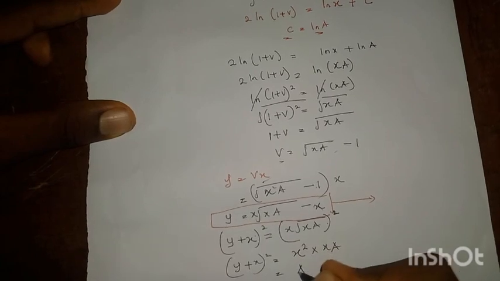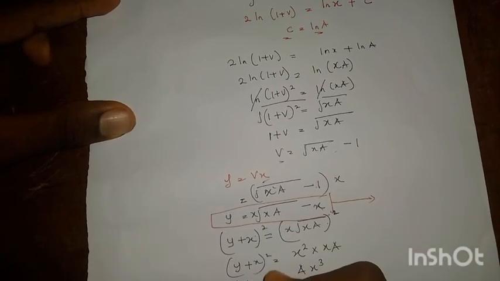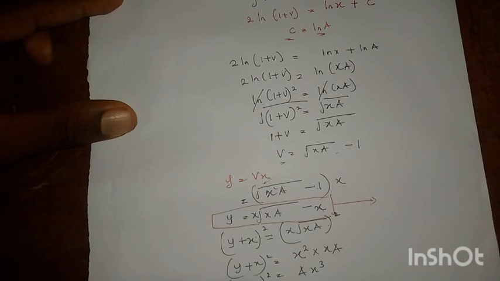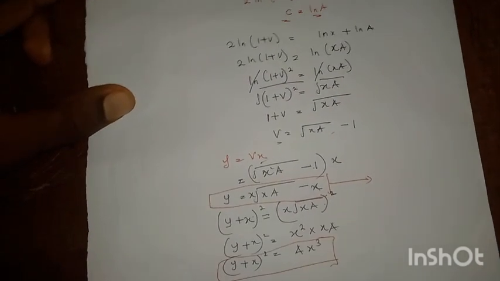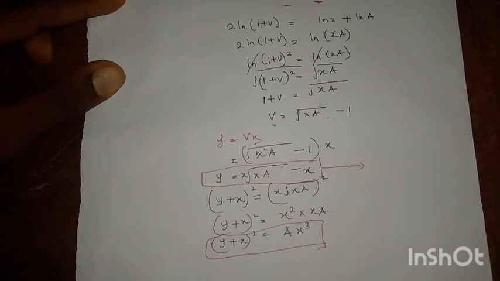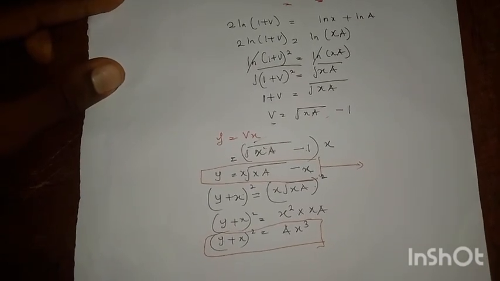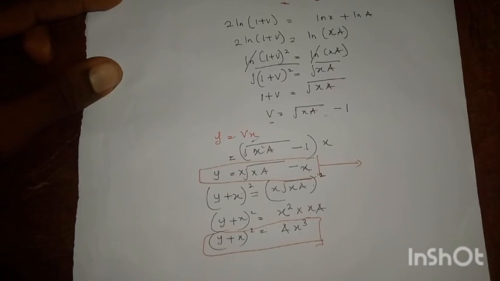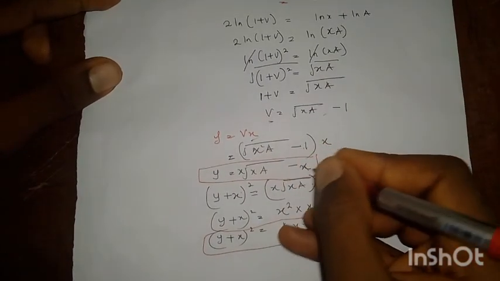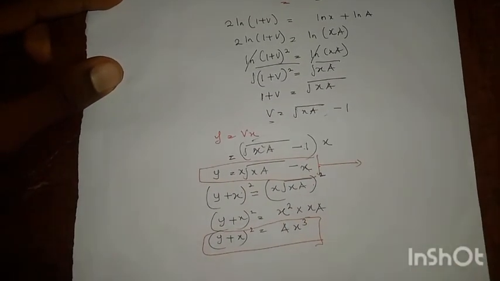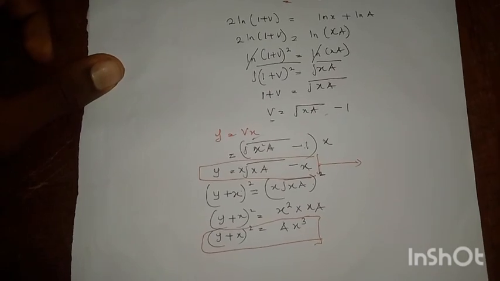So I can basically say this is ax cubed equals (y plus x) squared. I can also leave my equation like this. You can express this equation in any form, but mostly I advise you express it in a more simplified form, whichever way you choose.